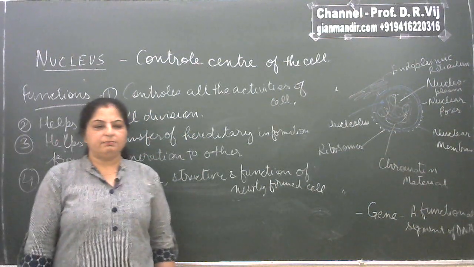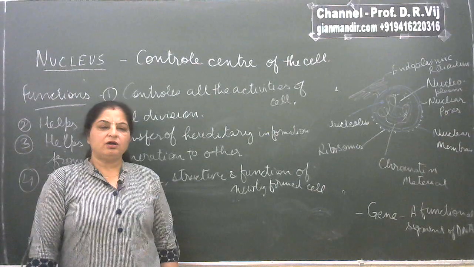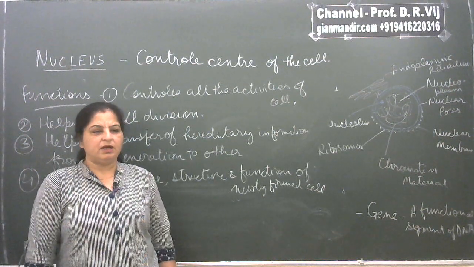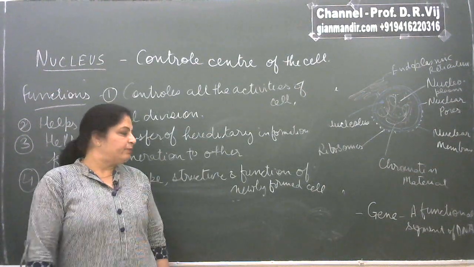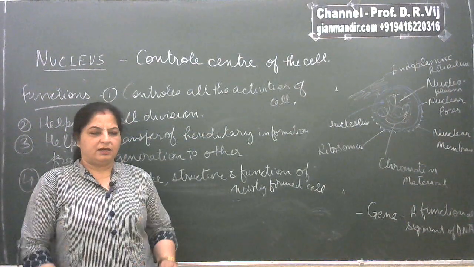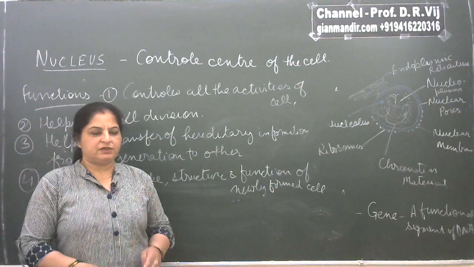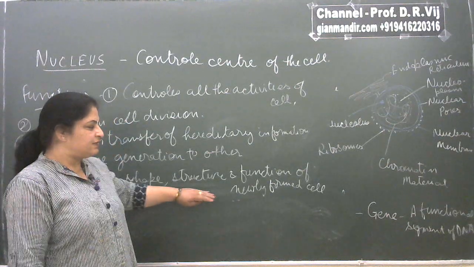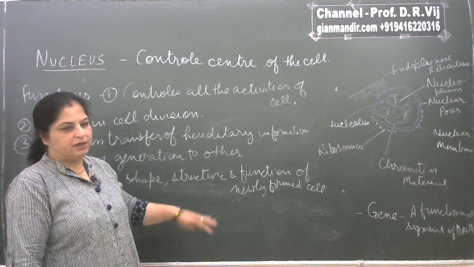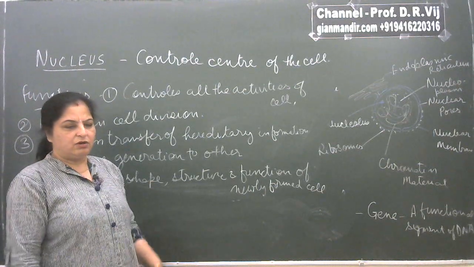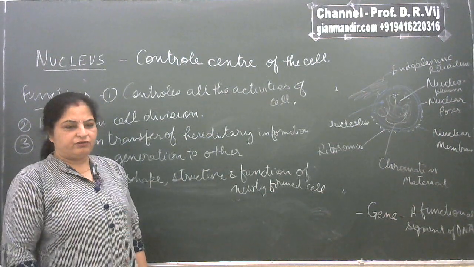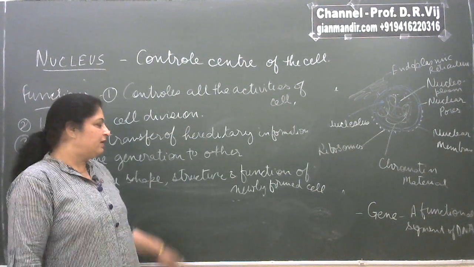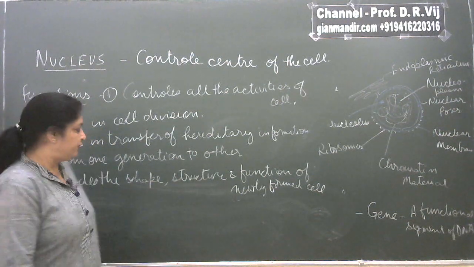As you have seen, in multicellular organisms, as the complexity of body structure increases, the types of cells in the body also increase. So these cells have different shapes, different structures and different functions, as we have already seen. Once the cells are formed after cell division, they all look almost identical, but their specific shape, structure and function, what will be the fate of the cell, is decided by the nucleus, right?